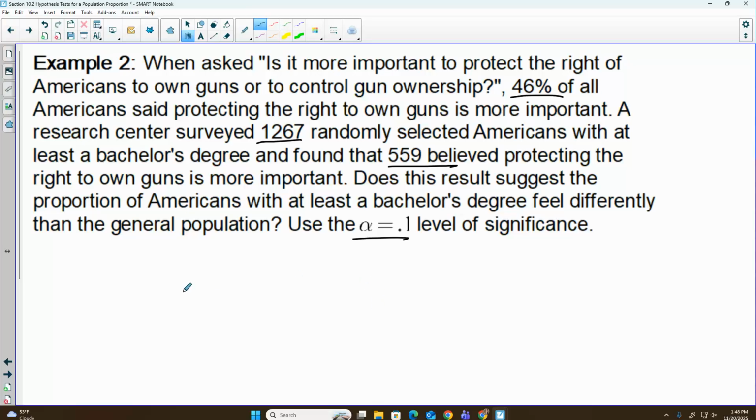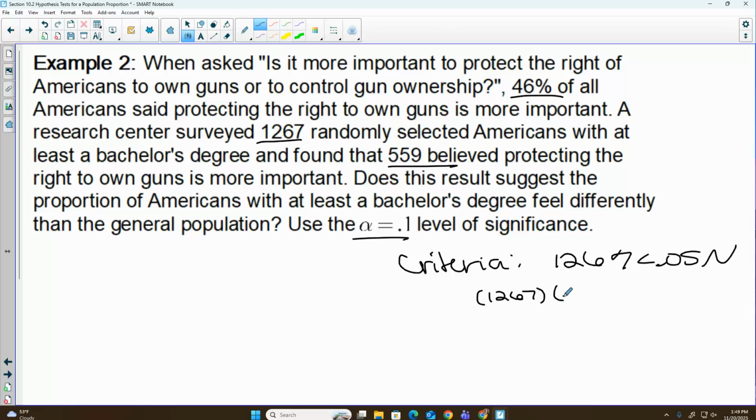All right, what kinds of things do I need to do here? I can't just do everything on the calculator. We have to write down a little bit. What do I need to check? Criteria. Okay. Would 1,267 be less than 5% of our population? Yes. All right, my N, 1,267.